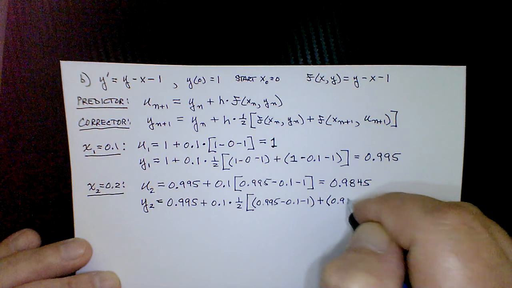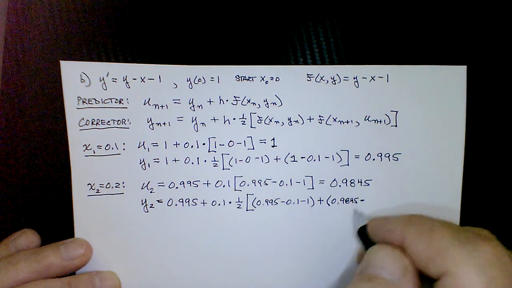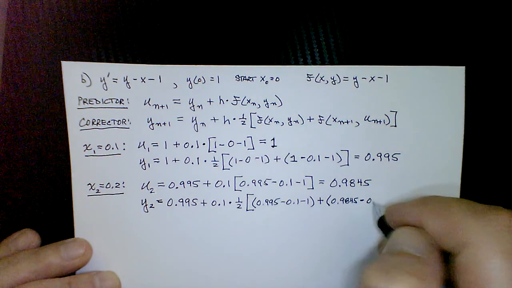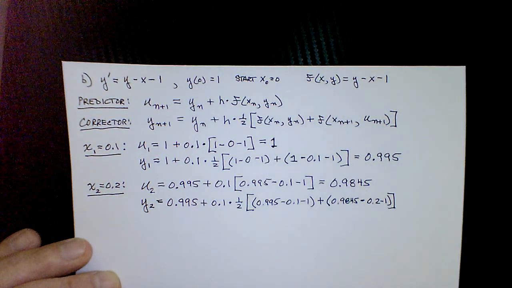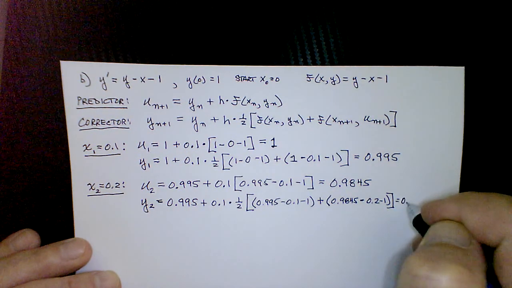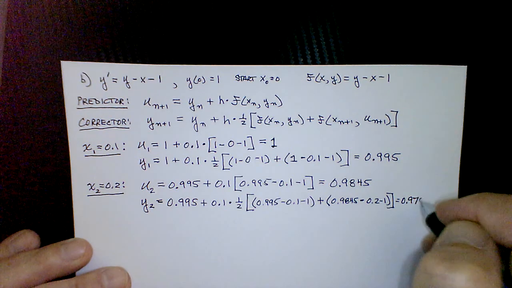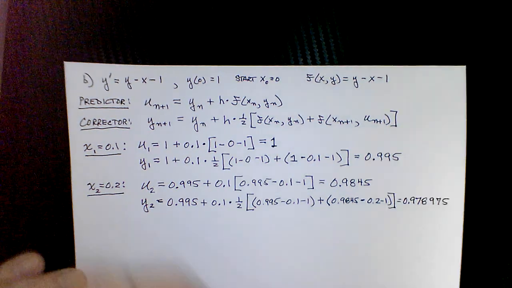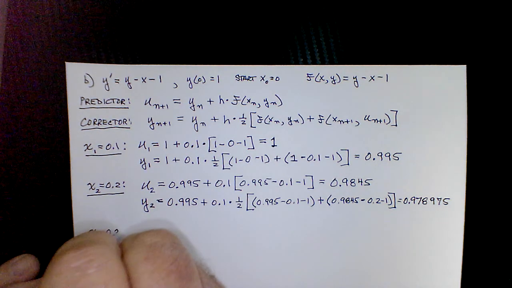So 0.9845 is the y, minus the x, which is the new x value, x2 of 0.2, and then minus the 1 that's part of the formula. And that crunches out to be 0.978975. Okay, so now we're up to x3.